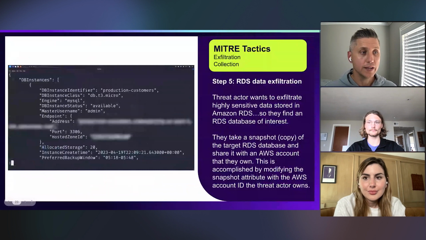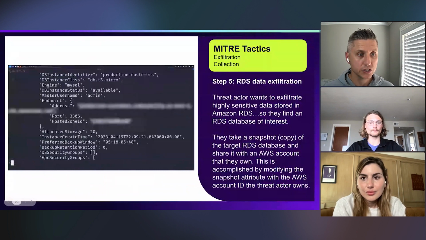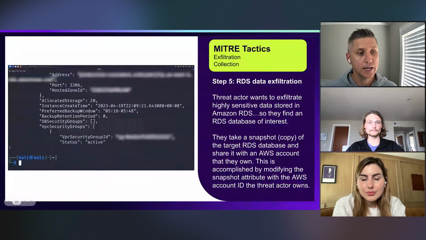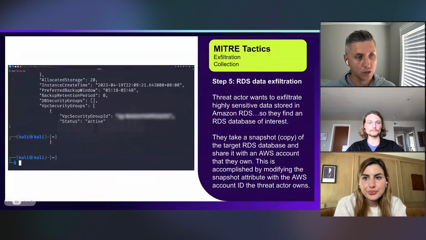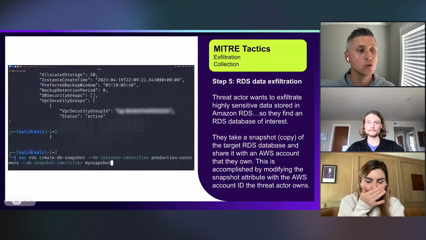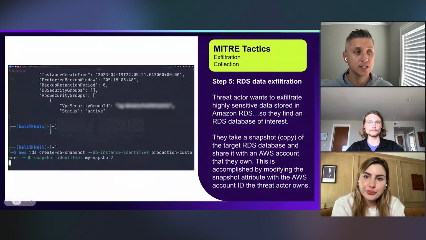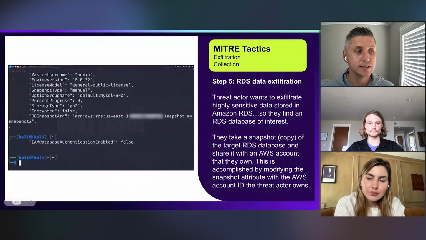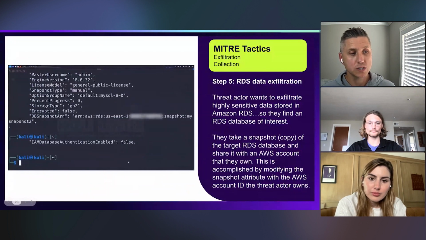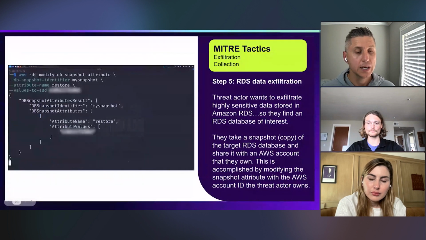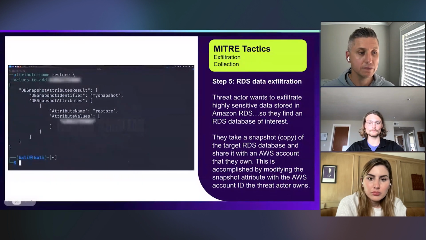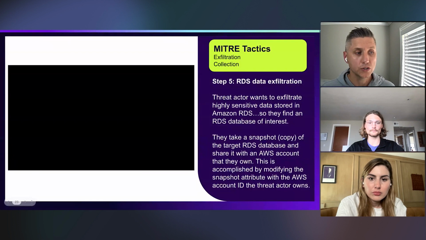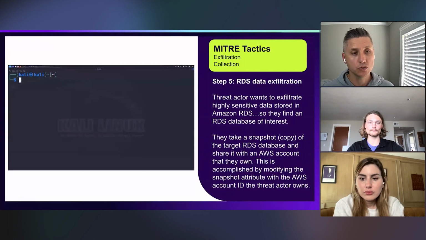So they describe instances, they identify a production customer's database, and they make another call to understand some additional metadata associated with that database. From here, they create a snapshot of that particular database. Once the snapshot is completed and available, they then modify the attribute of that snapshot.